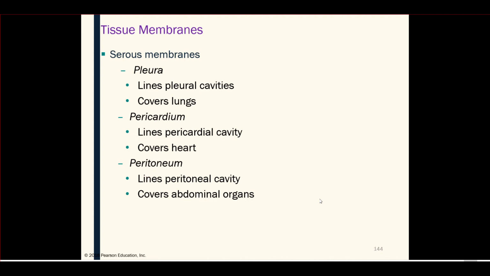And again, it lines the cavity wall as well as covering the abdominal organs. For those of you going into medicine, you'll actually deal with patients that get inflammation of these three linings. They call it a pleuritis, pericarditis, peritonitis, when sometimes people get an appendix or they get an ectopic pregnancy, that this lining becomes inflamed or infected and could be fatal.